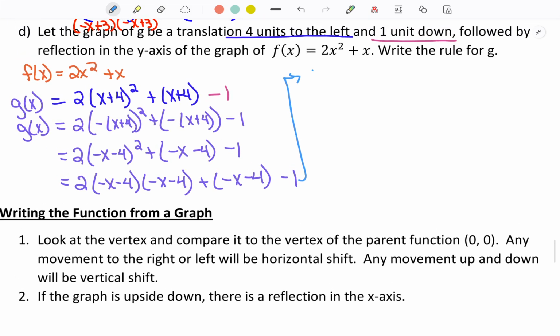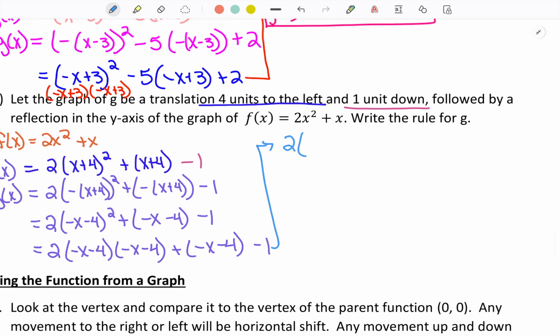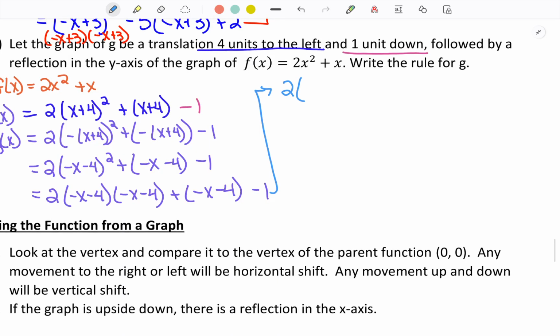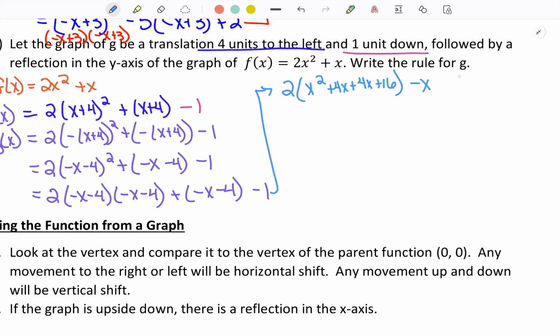I'm going to go ahead and leave the 2 for now. And then we will have the x squared, and then plus 4x plus 4x plus 16. And then we have a negative x minus 4 minus 1.